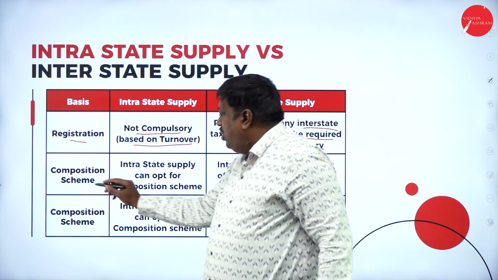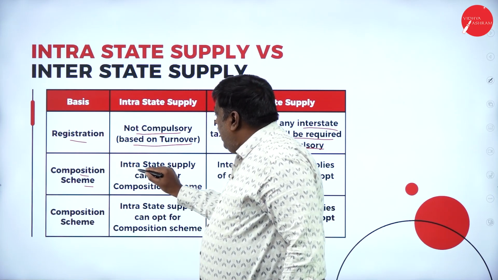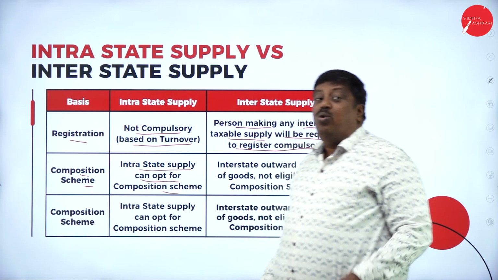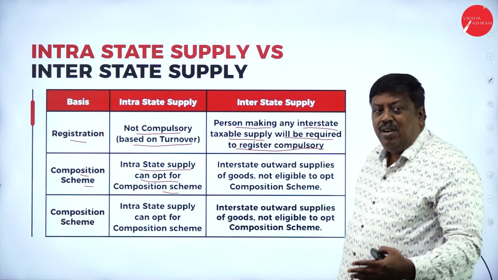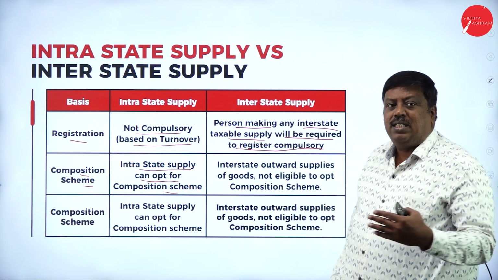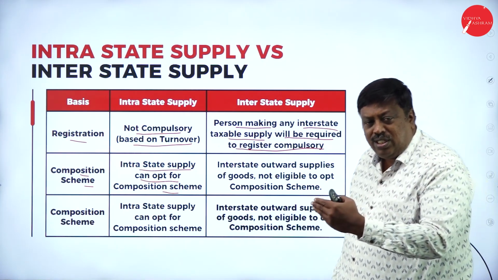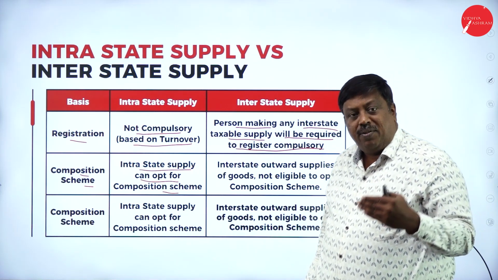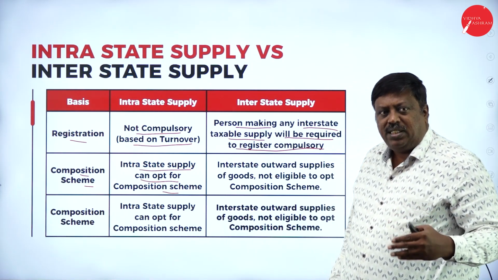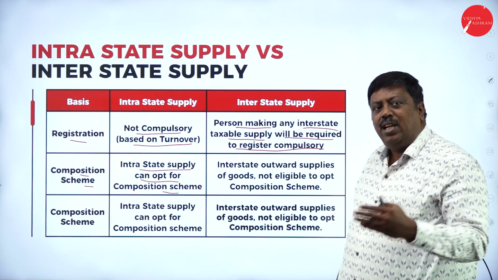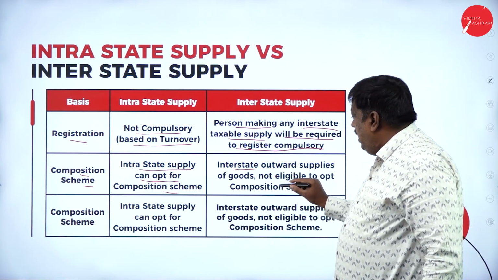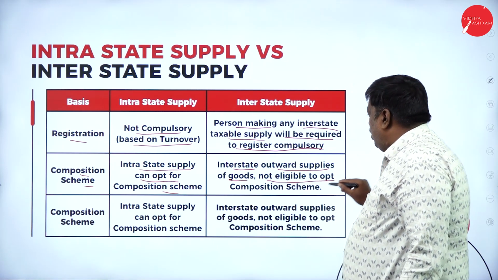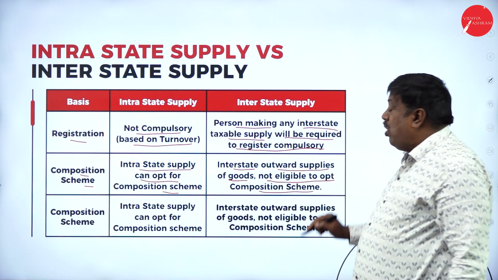Next, composition scheme. Intrastate suppliers can opt for the composition scheme, where the tax will be 1%. If it benefits the business person, he can opt for it, or he can stay with the normal GST. Interstate outward supplies of goods are not eligible to opt for any composition scheme.